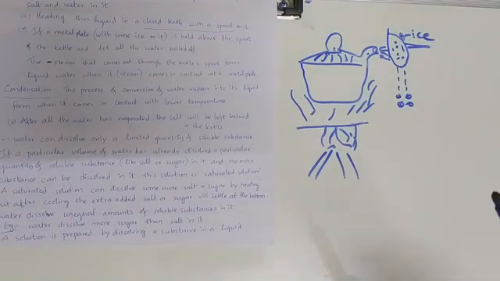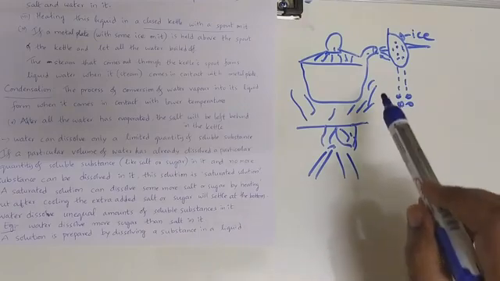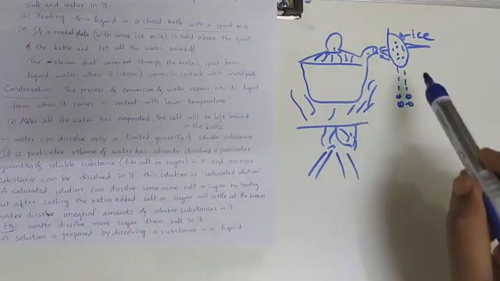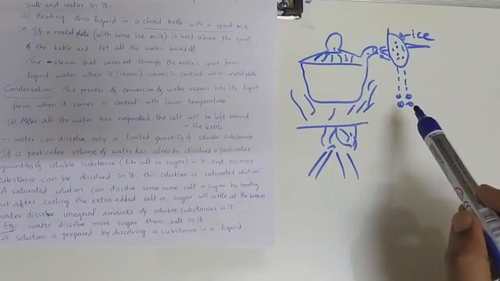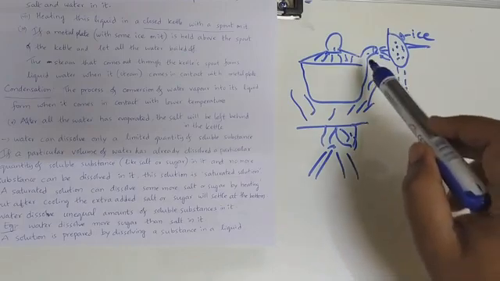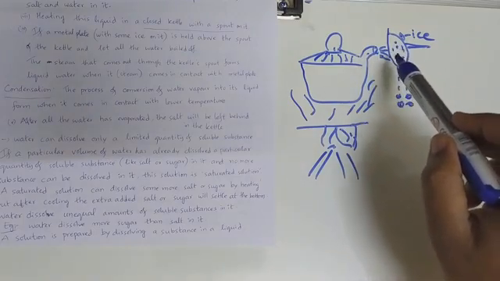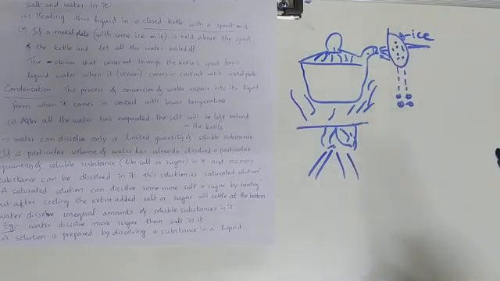So if the metal plate is held above the spout of the kettle and we let all the water boil off, the steam that comes out through the kettle spout forms liquid water when the steam comes in contact with the metal plate that has ice on it.